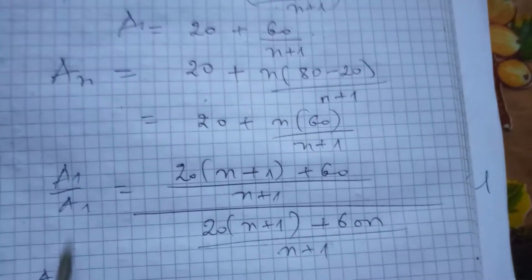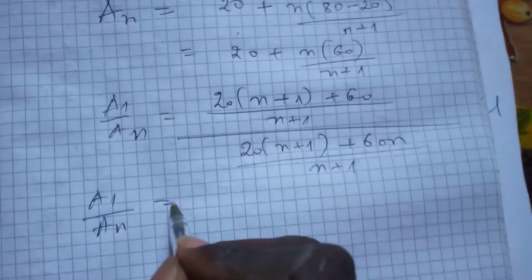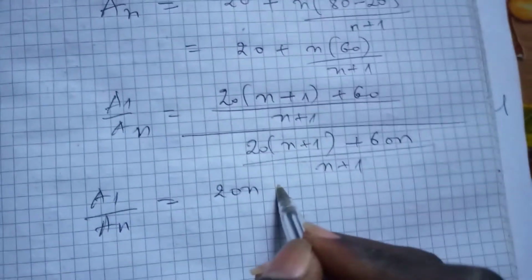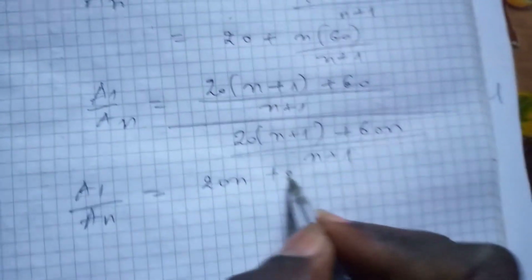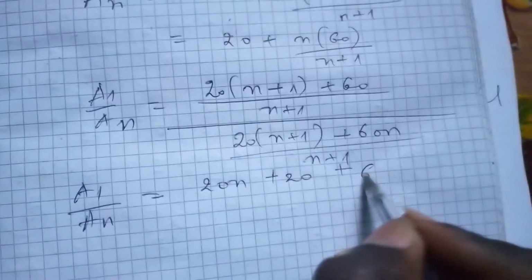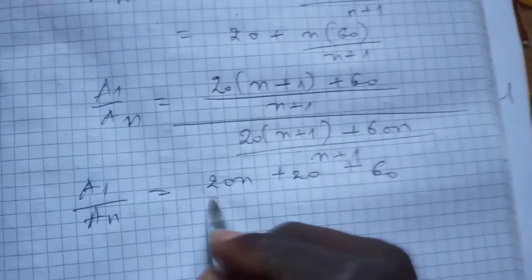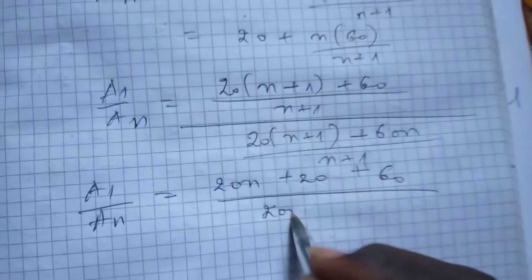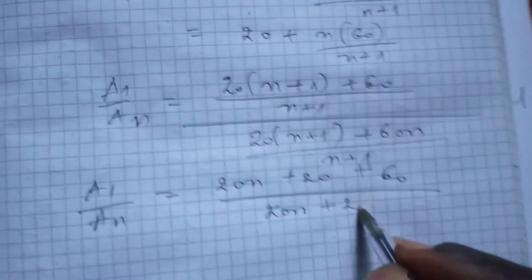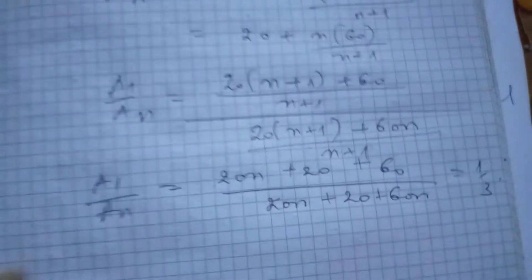So A1 over AN will be equal to (20N plus 20 plus 60) divided by (20N plus 20 plus 60N), which is equal to 1 over 3 as usual.